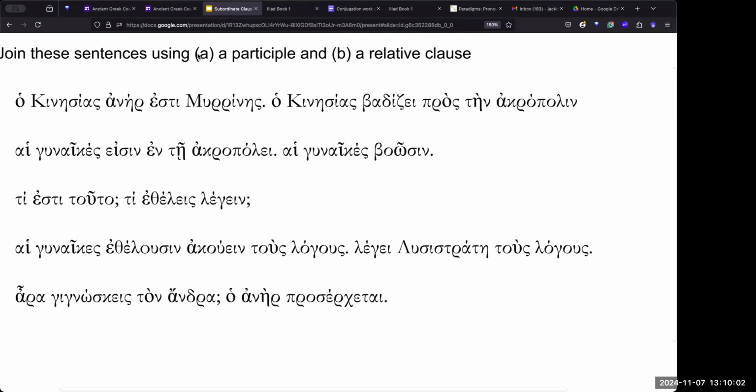Or you could also do it: ho Kinesias hos aner esti Merines, badidzei pros tein Acropolin, right? That Kinesias, the guy from Myrine, is walking to the Acropolis. So it's up to you how you do it. The issue is which is more important to you: is it that he's walking to the Acropolis, or do I need to know who the guy is that's walking to the Acropolis?